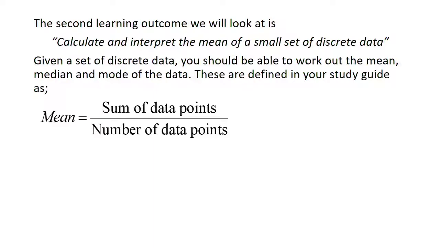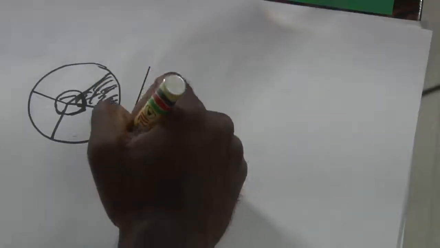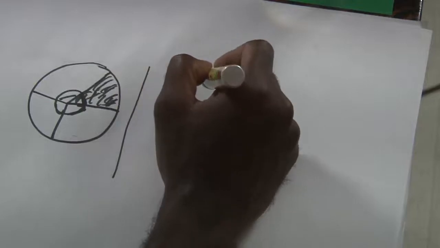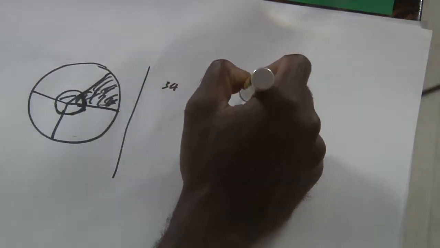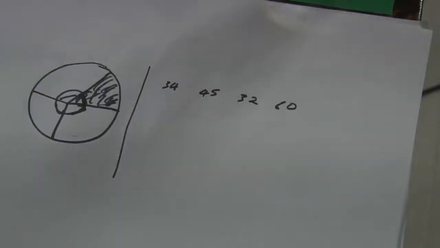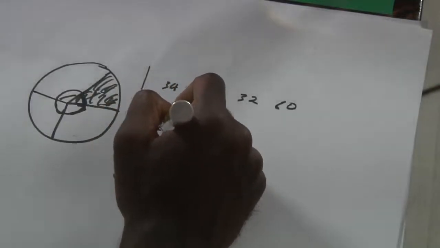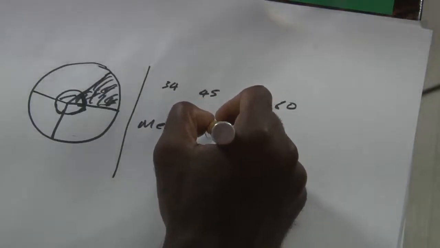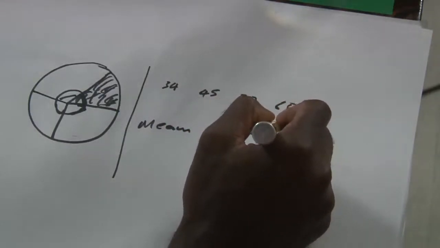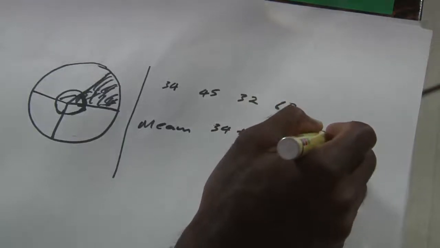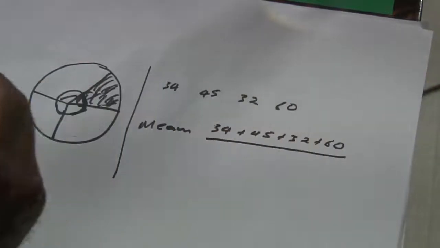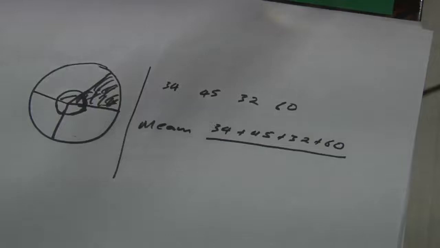Okay, so if you have the data, say 34, 45, 32, and 60, and you're asked to find the mean, you take the sum of the data points, which means 34 plus 45 plus 32 plus 60, and then you divide this by the number of data points.